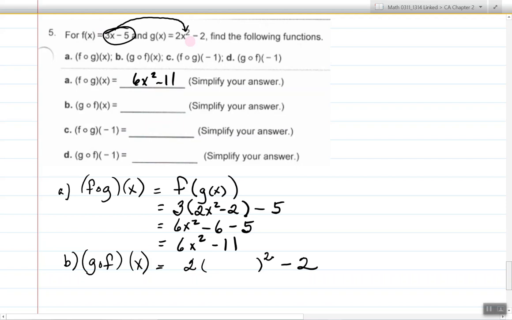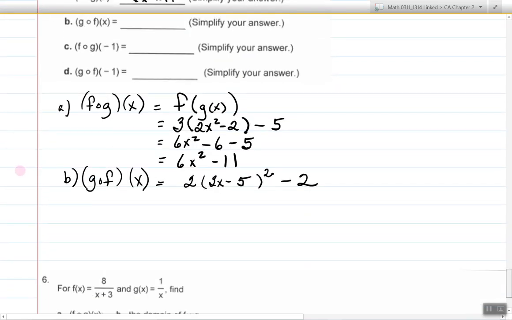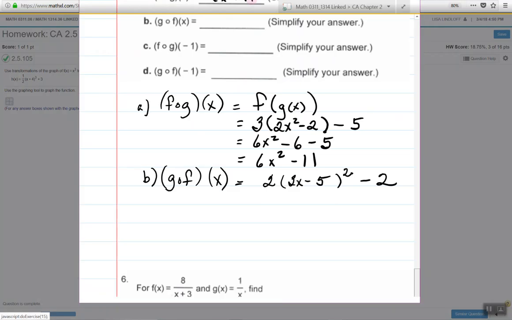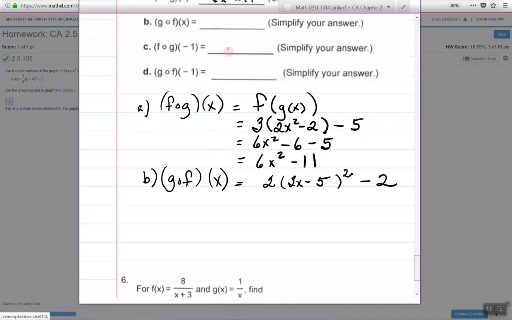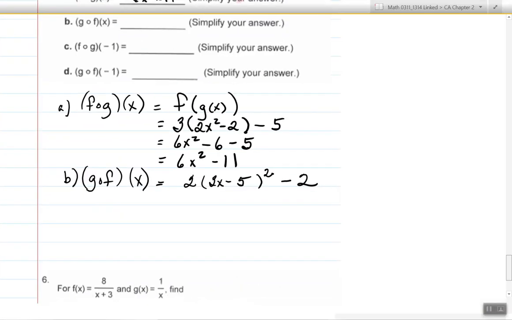So I'm going to put 3x minus 5 right there. Now I have a bit of extra algebra to do here, so I'd like some more space.